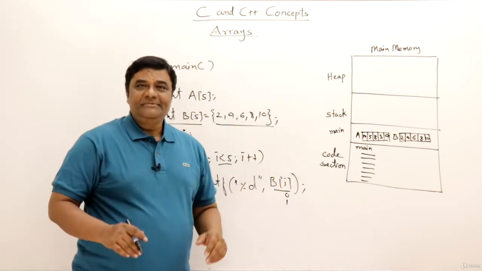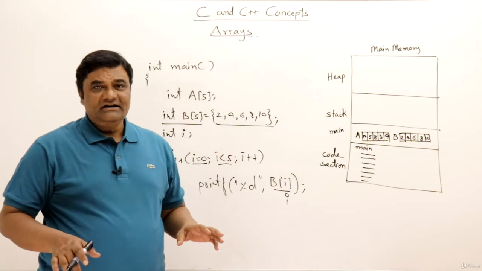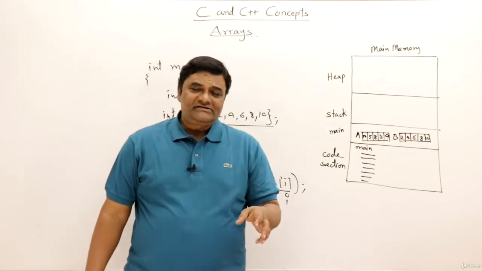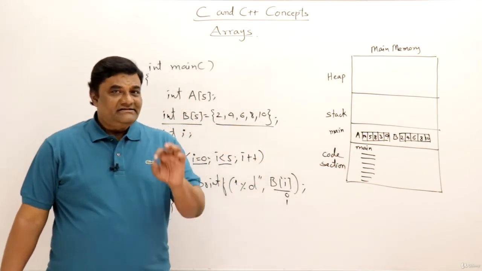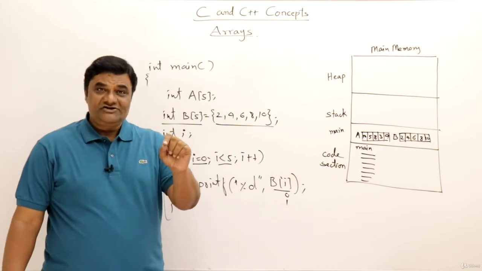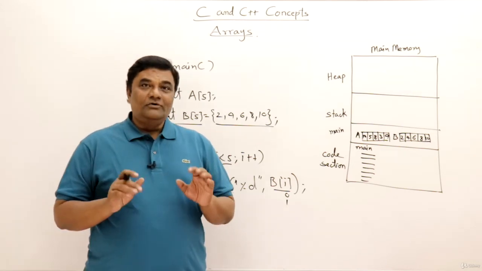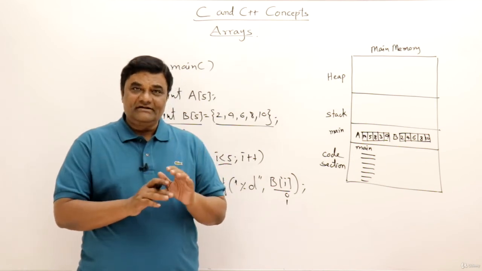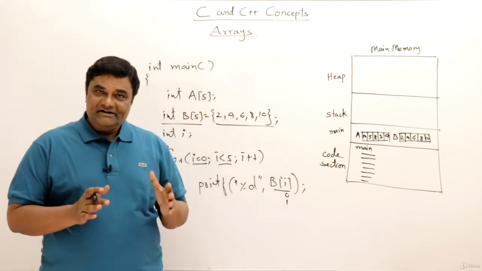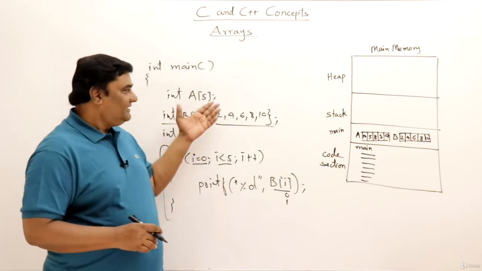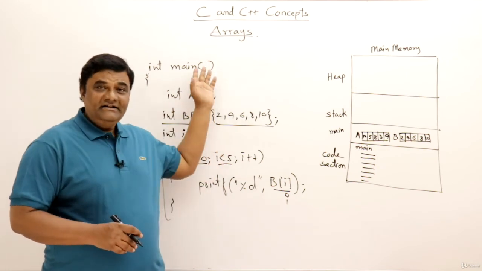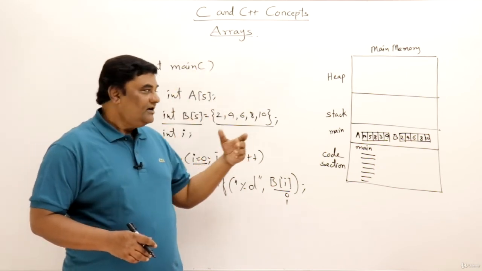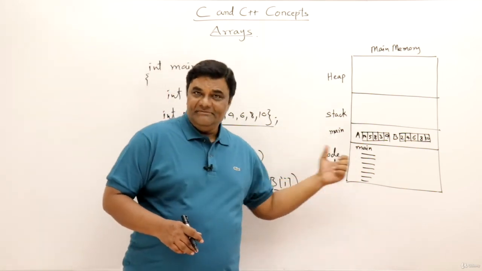That's it. This is sufficient because we have a very big topic called arrays. We are going to learn lots and lots of things about arrays. Just as an introduction, as a revision, I have done it. So the points that I have discussed, let me put them together. I have explained what an array means and how to declare and initialize it, and when it is declared inside a function, where it will appear inside the main memory.